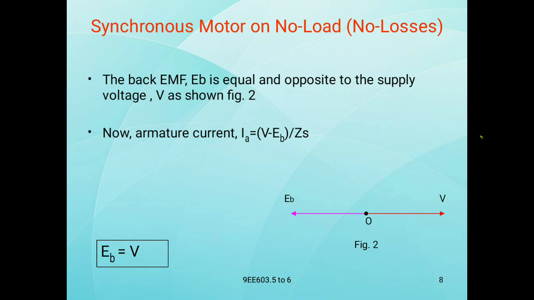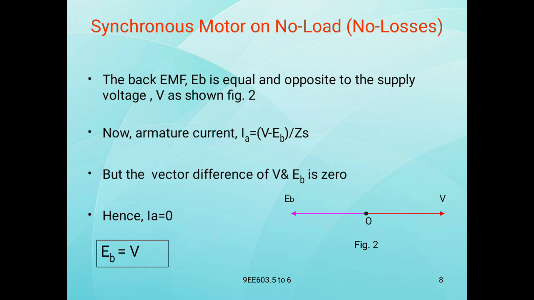So the armature current Ia is equal to (V minus Eb) by Zs, which gives zero current, because the vector difference of V and Eb is 0. Hence Ia is equal to 0. So it is normal excitation.